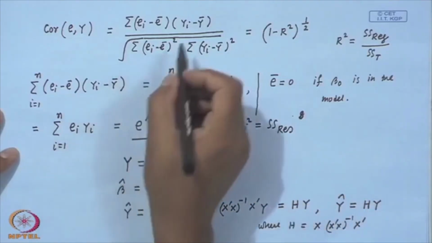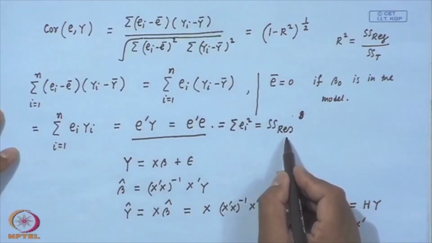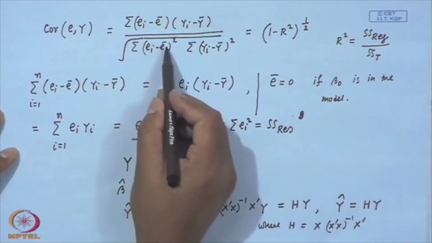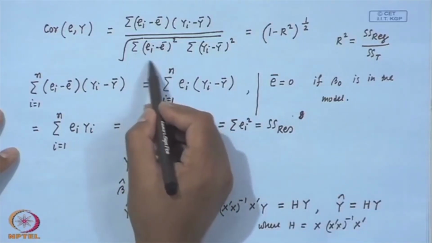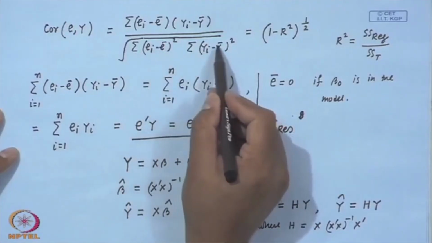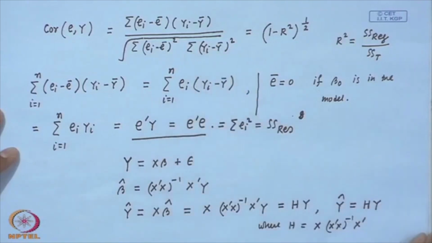Okay, so, we have proved that the numerator is SS residual. And what is this? This is nothing but E prime E, right, and this one is nothing but y prime, I mean this is nothing but SS total in fact.